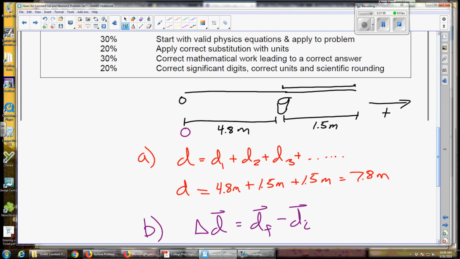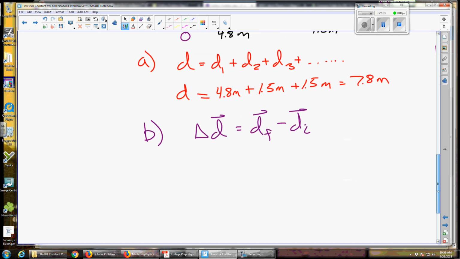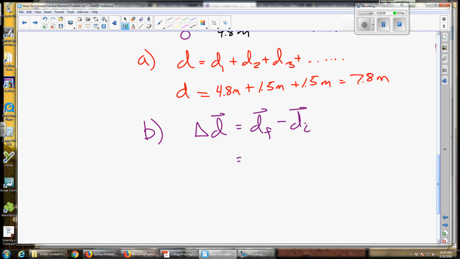Is everyone okay with that? Okay. So our final position is going to be positive 4.8 meters. Our initial position is 0, so our displacement is positive 4.8 meters.